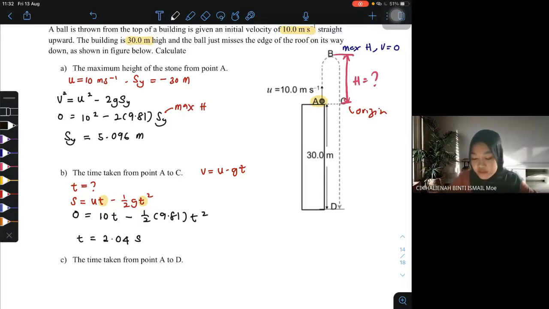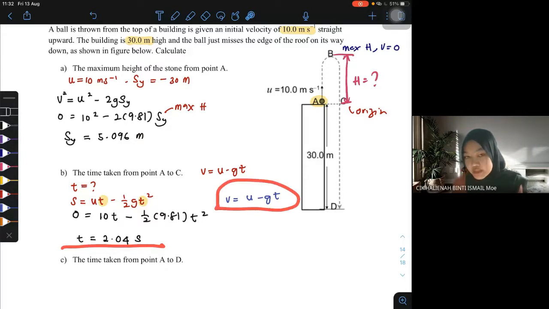Because kita assume dia punya velocity ni adalah sama, sama macam soalan yang tadi. So if you use the other formula, V is equal to U minus GT, you should be able to get the same value. Mungkin kamu boleh cubalah kalau you're not sure with your answer. So you can double check your answer using another equation.